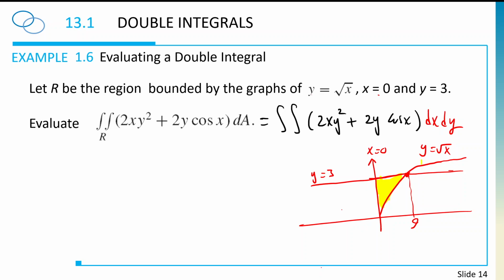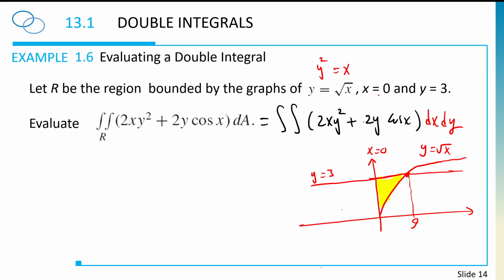Okay, how did I find 9? Just make them equal to each other. Radical x equals to 3, so x equals to 9. Okay, that's good. Now I see the region that I need to work with. What should be the boundaries now? Think about x first. So x, I need to do it from where to where if I need to consider x first. Look, y equals radical x. So x equals to what? Y squared.